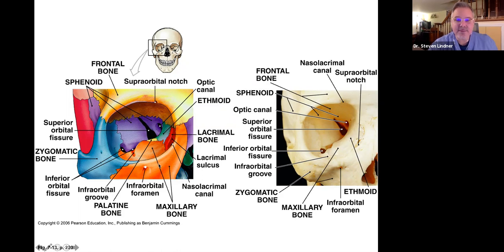This is the maxillary bone, right? That's the maxilla making up the upper jaw. And then the purple here, that would be the nasal bone. And inside, we can just see two of the turbinates or two concha, the inferior and the middle turbinate or inferior and middle nasal concha. We can't see the superior.